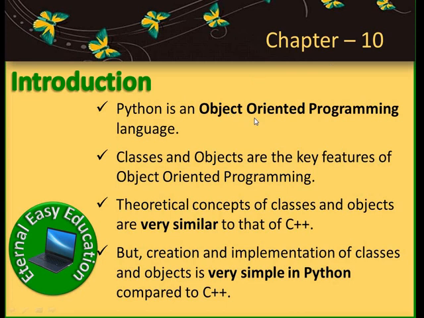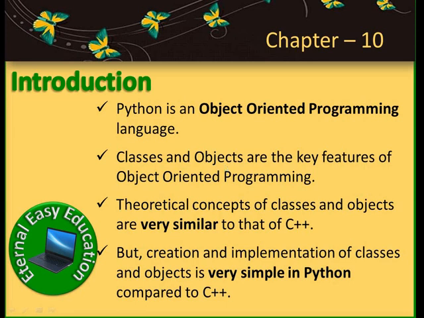So object-oriented programming is a programming style. As you remember, there is procedural programming and object-oriented programming. As it is object-oriented programming, it must support the class and object concept.